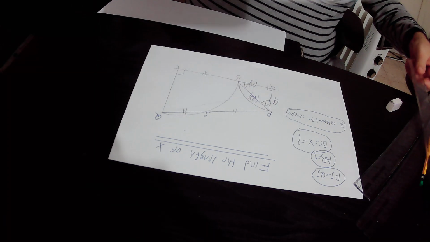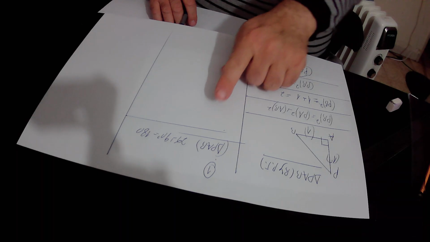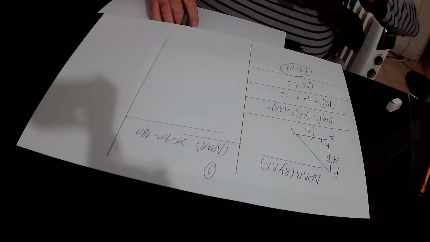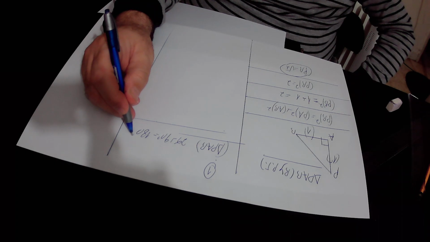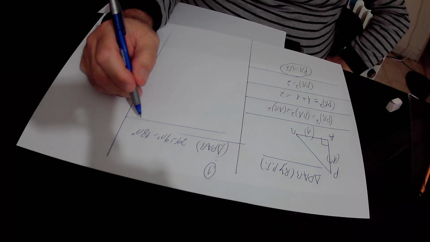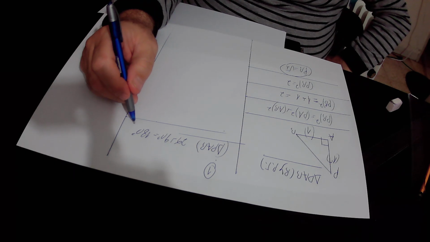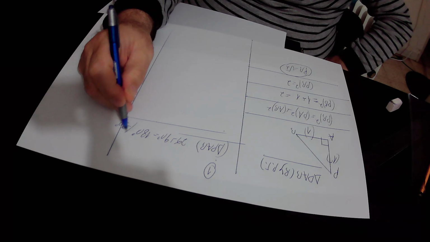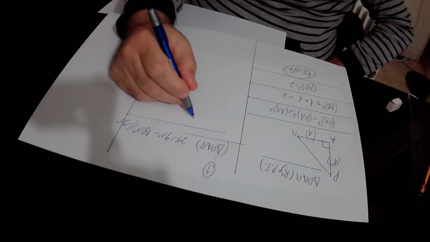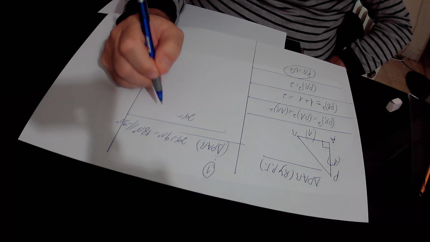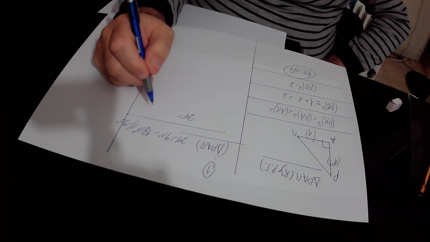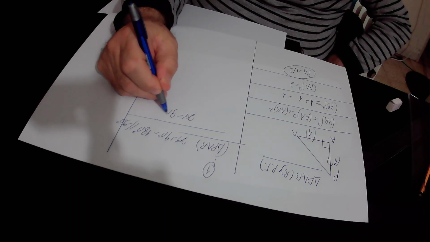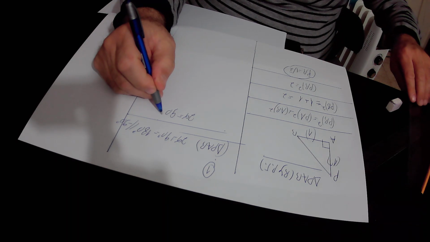Repeat again. In the right triangle PAB, the sum of the angles is equal to 180 degrees. 2 alpha plus 90 degrees equals 180 degrees. We subtract 90 degrees from this equation, and we get that 2 alpha equals 180 degrees minus 90 degrees, which is 90 degrees. So 2 alpha equals 90 degrees.